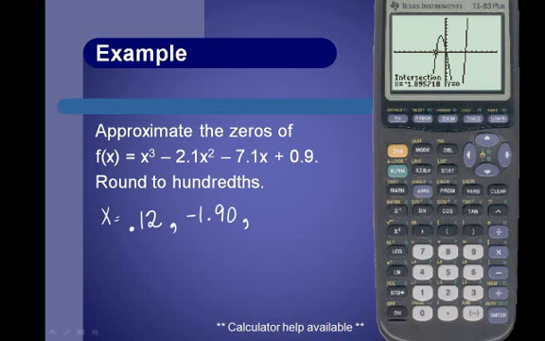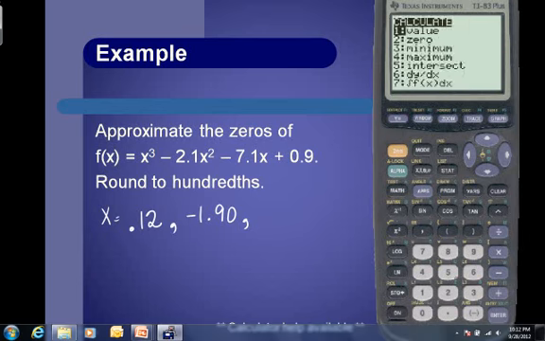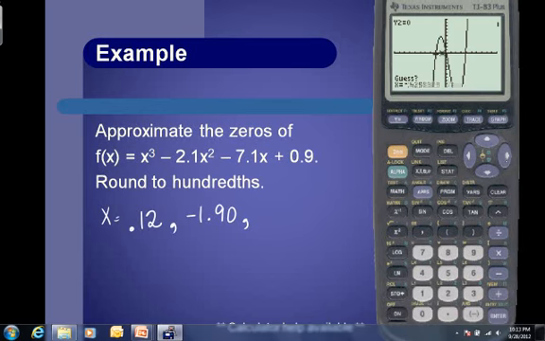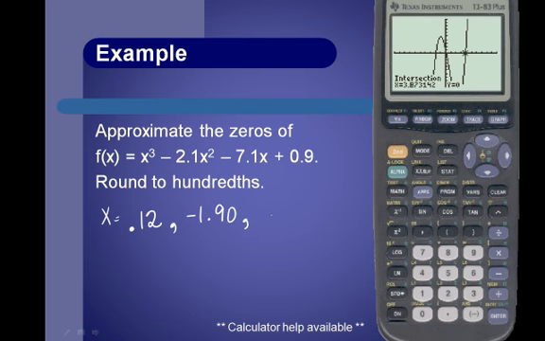Still have one more to go. Second trace, number 5, enter, enter. Remember, on guess you put your cursor closest to the one you're trying to find, and that would be 3.873142 or 3.87, and that would be our three real zeros.